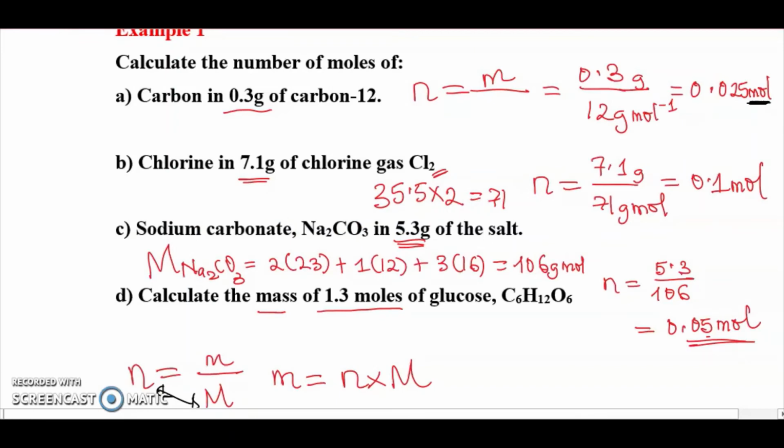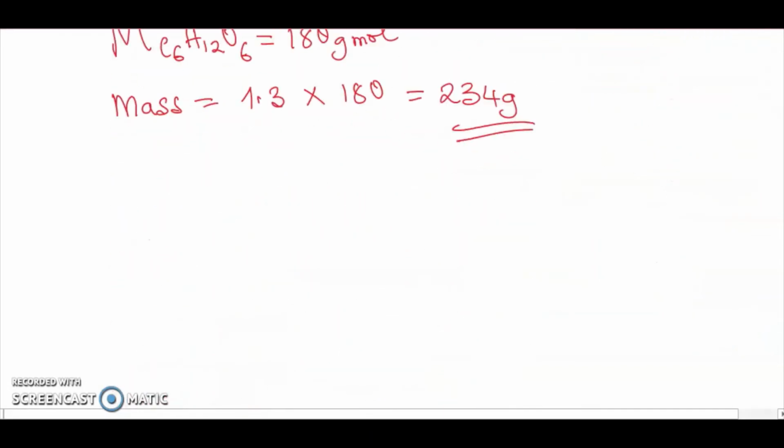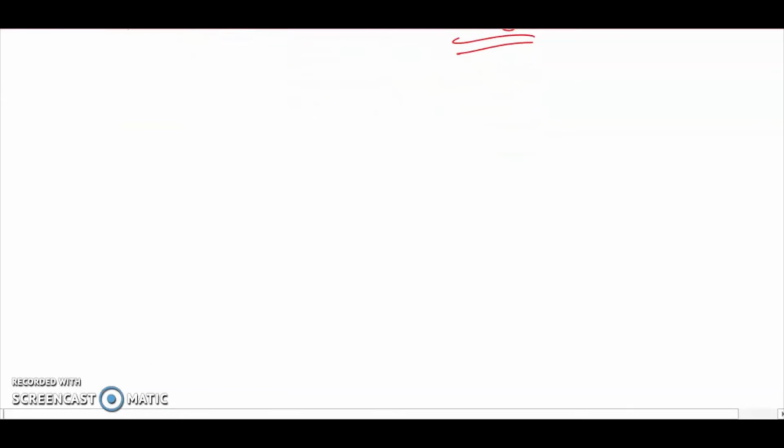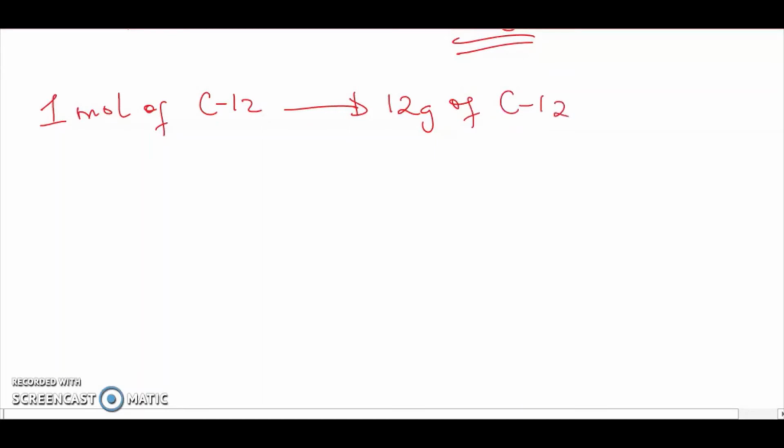Okay, the first question, question A, says we should calculate the number of moles of carbon in 0.3 grams of carbon-12. So how can we do that using another method? Let's see. Now we know that 1 mole of carbon-12 contains 12 grams of carbon-12.